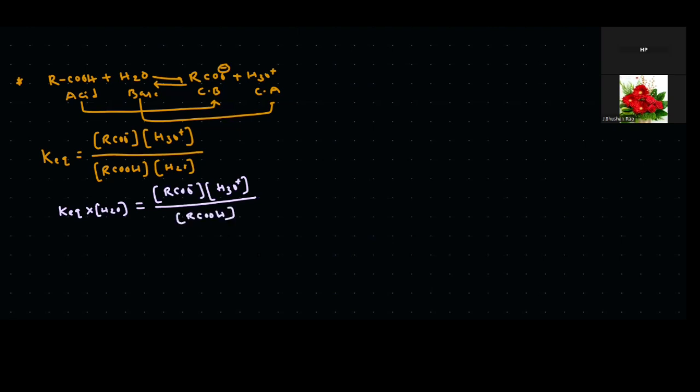The product of the equilibrium constant K and pure liquid water are both constants, so we can represent them with one new constant, Ka.